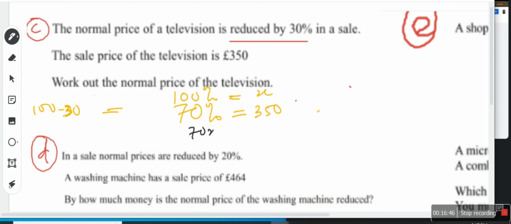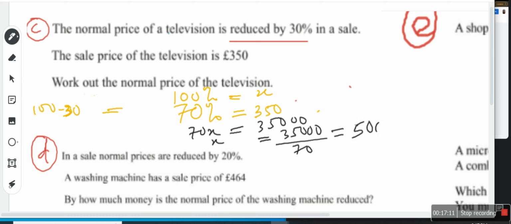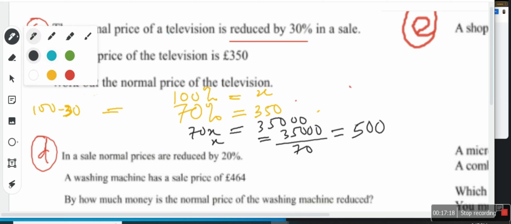You get 70x equals 350 times 100, that gives 35000. So x is divide both sides by 70. Okay, what did you say you got? 500. Okay. All right, next.